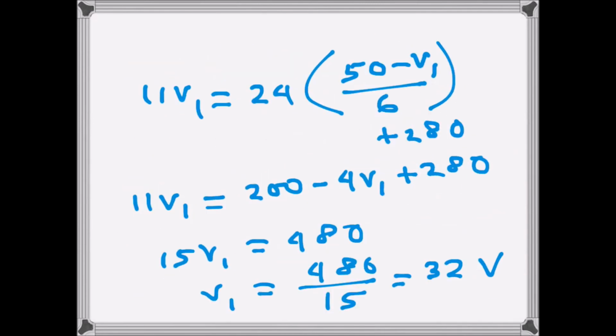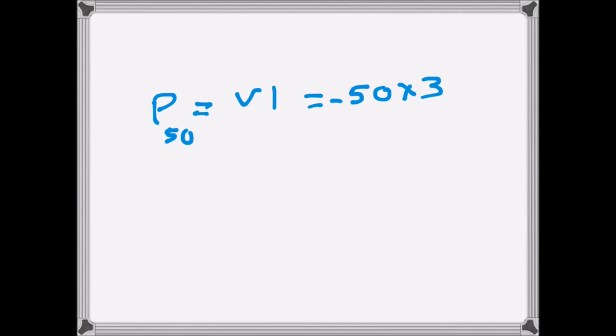That's how we do it, because we know P is equal to VI. This is 50 volts, so V is 50 and I is 3, but we have to write negative because it's delivering power. So minus 150 watts.